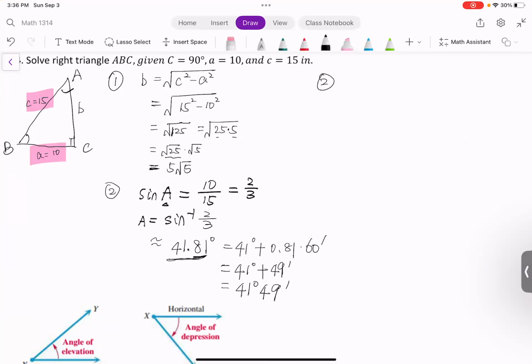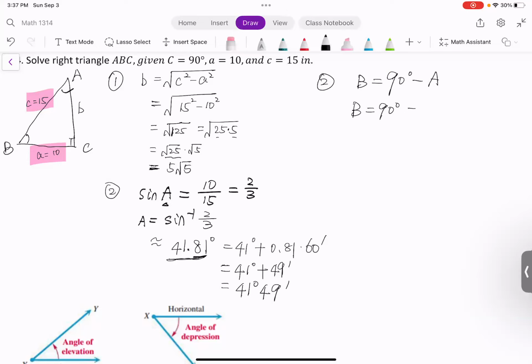We know that if I have 2 angles in the right triangle, I can use the sum of the 3 angles equals 180 to find the missing angle. So the angle B equals 90 minus angle A. I don't know what the question is asking.